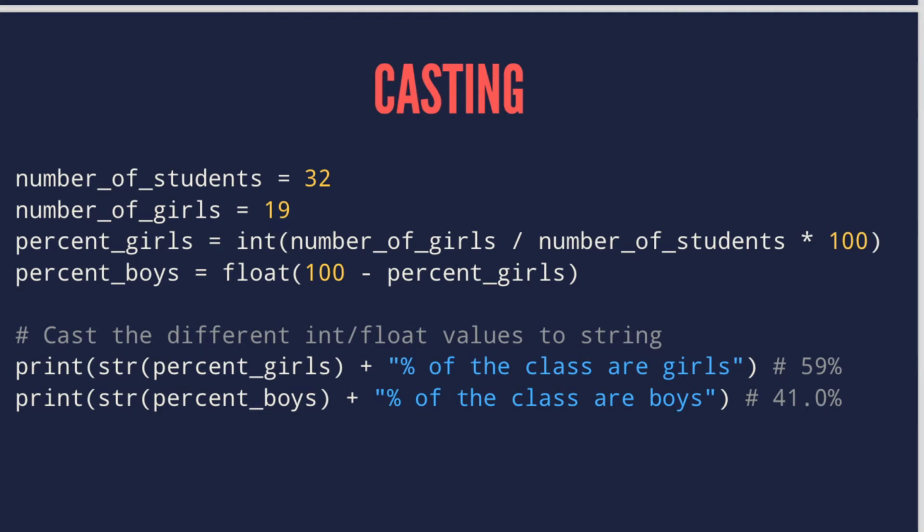But you can cast the different integer and float values to a string just by putting str. So even though percent girls and percent boys, one's an integer, one's a float, by using str you can cast them both into strings. So what we can do is, we'll go through some examples toward the end.